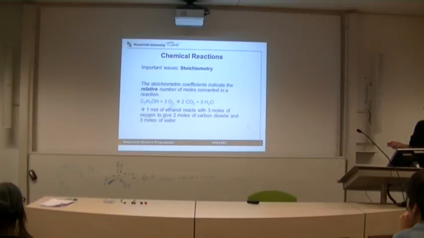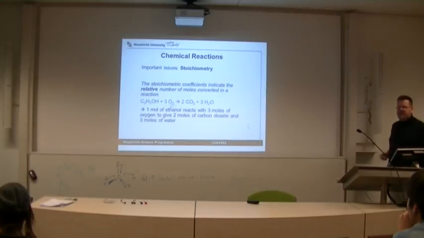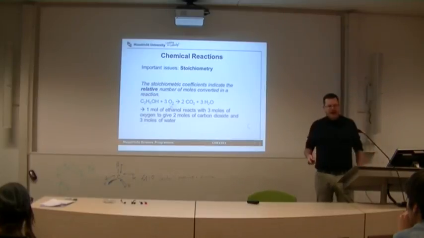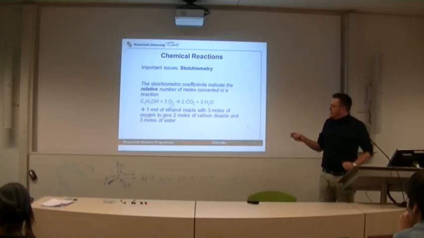The first interpretation is 1 molecule of ethanol reacts with 3 molecules of oxygen to form 2 molecules of carbon dioxide and 3 molecules of water. That's what these numbers mean. They're called stoichiometric coefficients. Another interpretation is 1 mole of ethanol reacts with 3 moles of oxygen to form 2 moles of carbon dioxide and 3 moles of water.